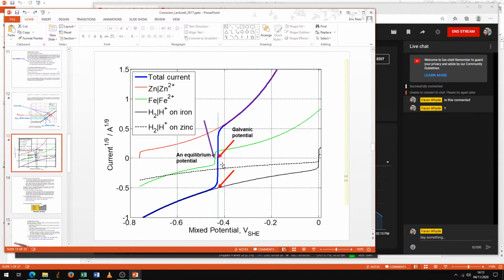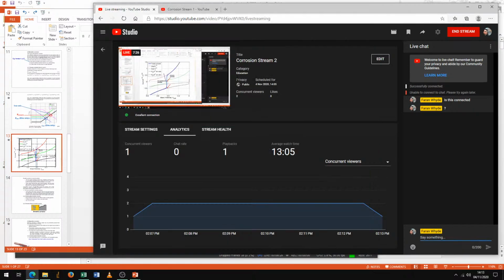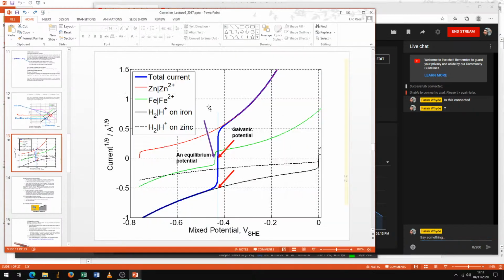And then there's just a couple of questions. What if you have an applied surface potential? Well, in that case, if you have some impressed current corrosion protection system, what would you call the surface potential? I would call it an applied surface potential, not a galvanic potential. I would call it E for a surface potential, capital E, subscript applied, or subscript ICCP for impressed current corrosion protection.